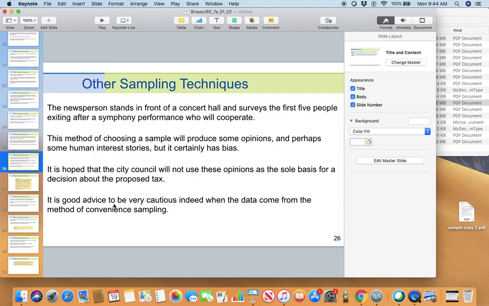It is good advice to be very cautious indeed when the data come from convenience sampling. So in future, you could be researchers in this area. When you're studying somebody else's work, check for convenience sampling. Sometimes convenience sampling is used and that has to be contested.